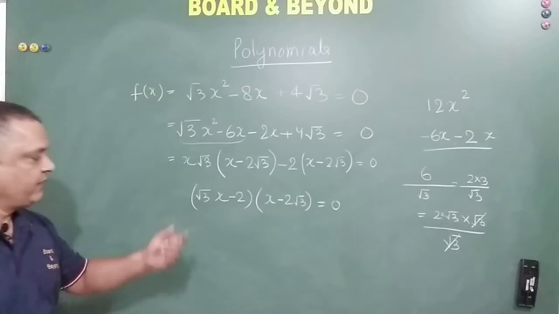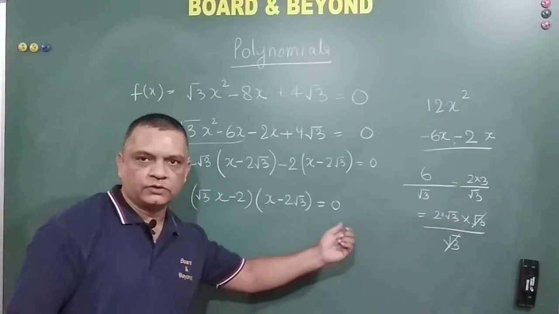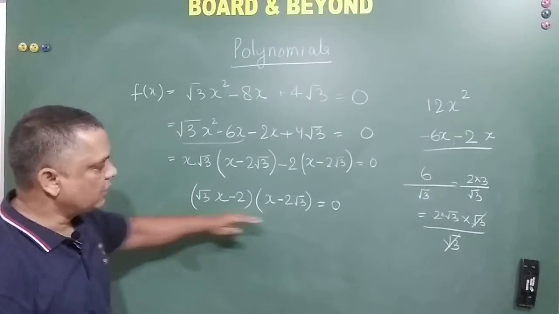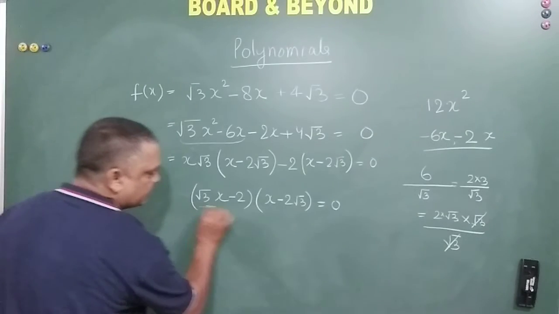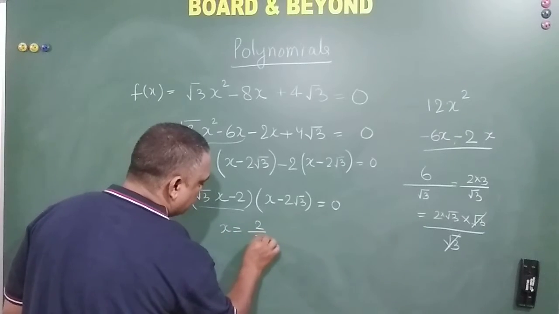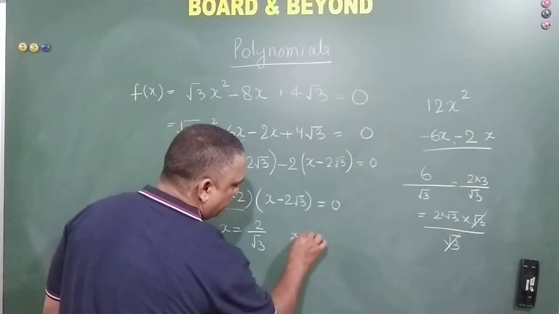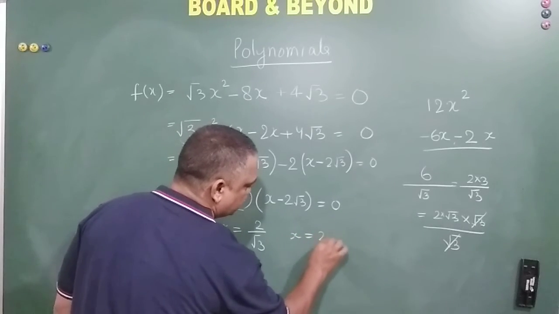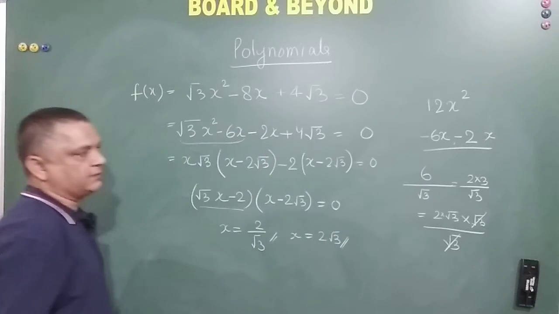Now see here, my friends, the product of this and this is equal to 0. So that signifies that either this is 0 or this is 0 or both of them are zeros. So equating the first one to 0, we get x is equal to 2 by root 3. Equating the second to 0, we get x is equal to 2 root 3. So these are the two roots.